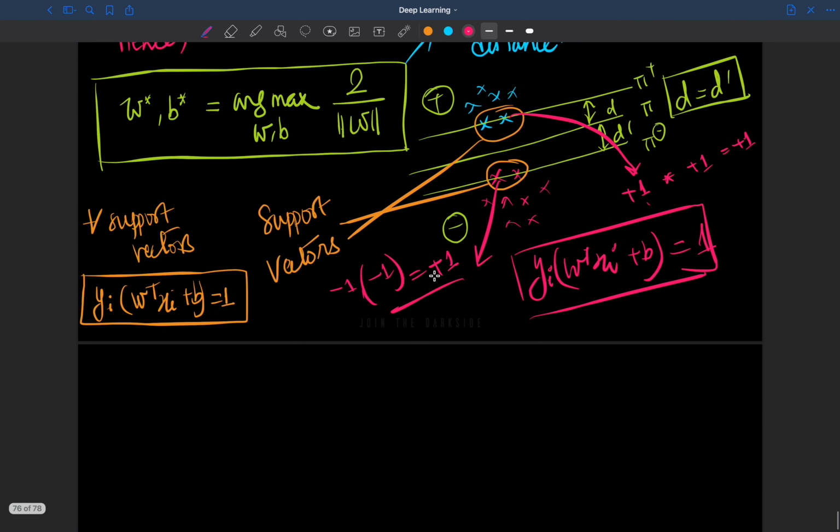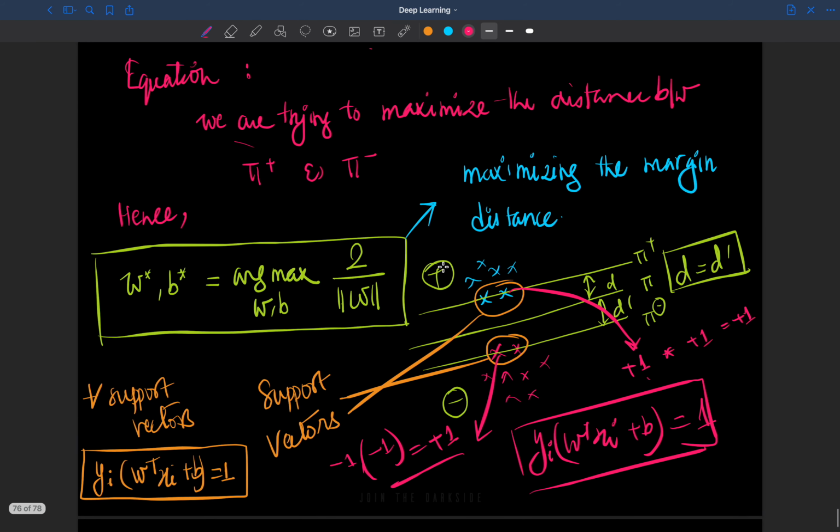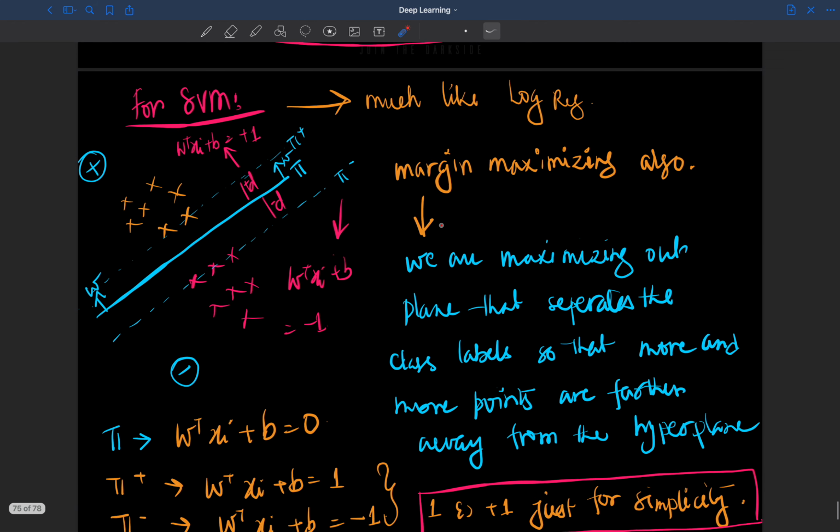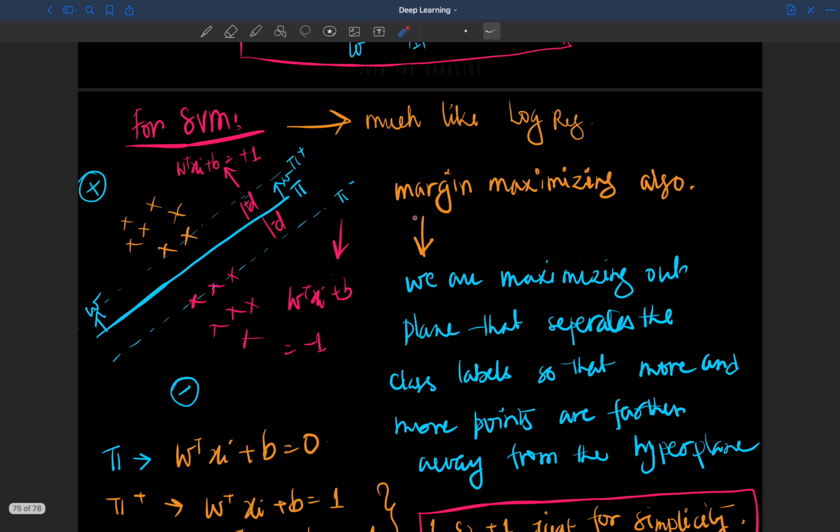So this is a quick rundown of support vector machines, and always remember that our main motto is to maximize the distance between pi minus and pi plus. I'll give you just a quick example as to why we need to do this.